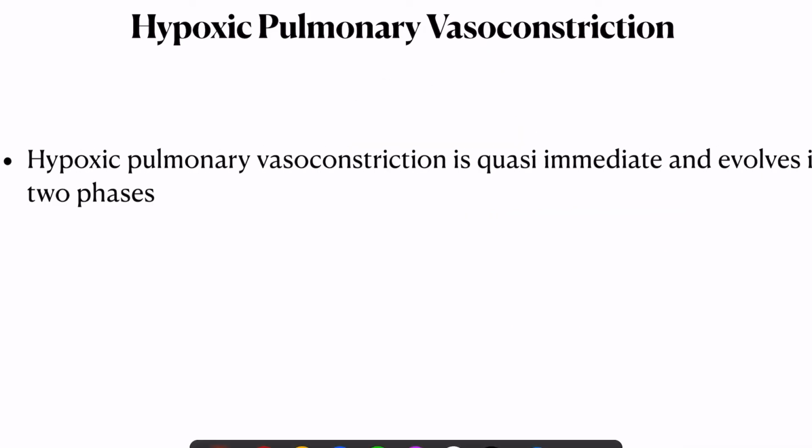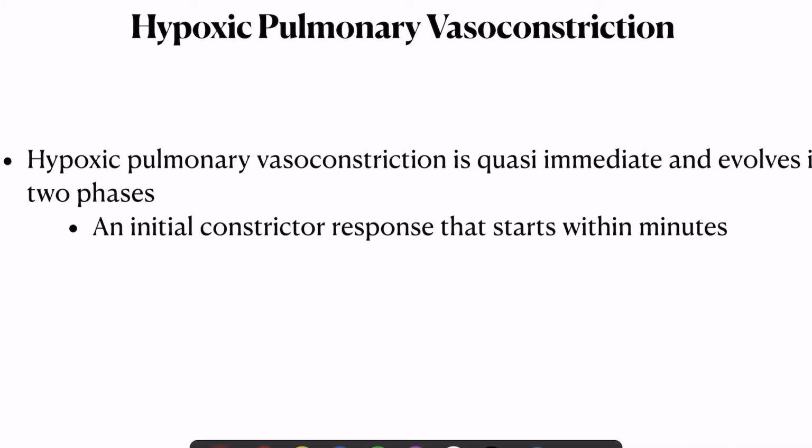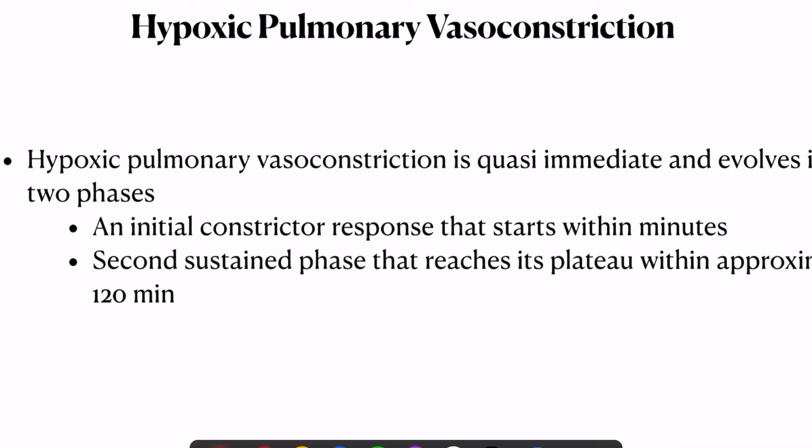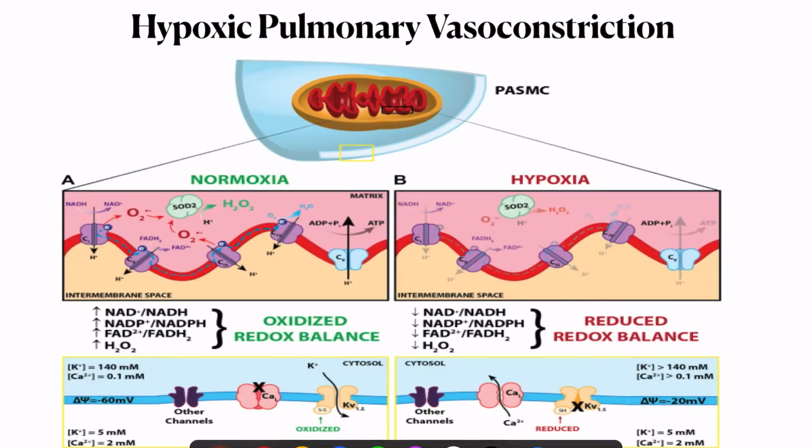Now the hypoxic pulmonary vasoconstriction is quasi-immediate and evolves in two phases. An initial constrictor response that starts within minutes of the hypoxia, and a second sustained phase that results in a plateau which is approximately within 2 hours.